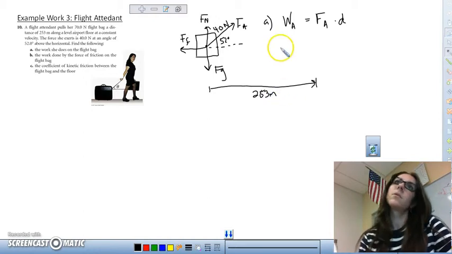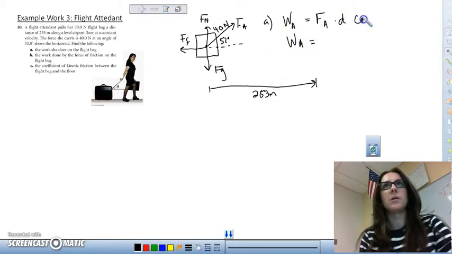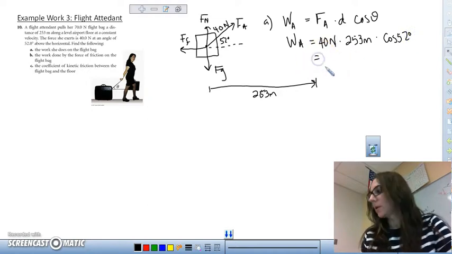Our work, by definition, is times cosine of the angle between the force and the distance. Her force applied is 40 newtons. The distance is the 253. That's how far she went. And the angle between the force and the distance happens to be 52, so this is going to be cosine 52 degrees.